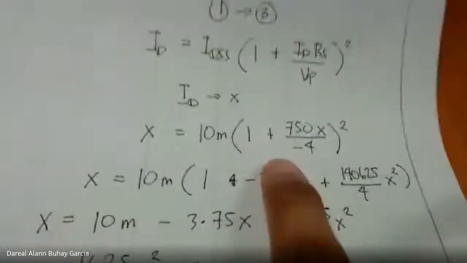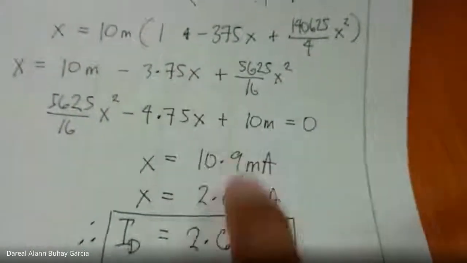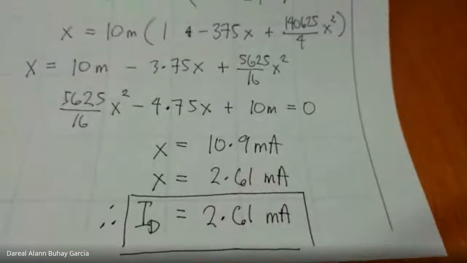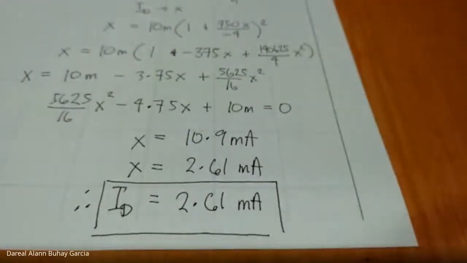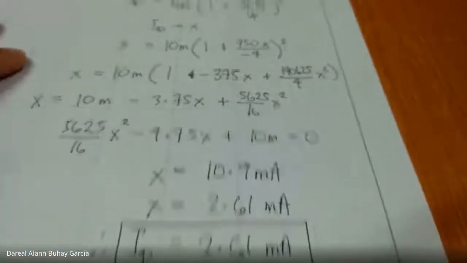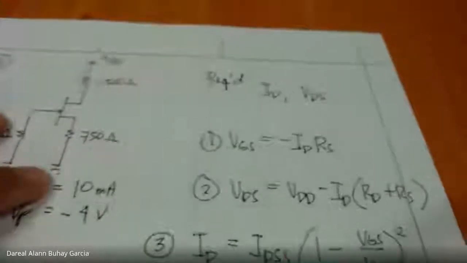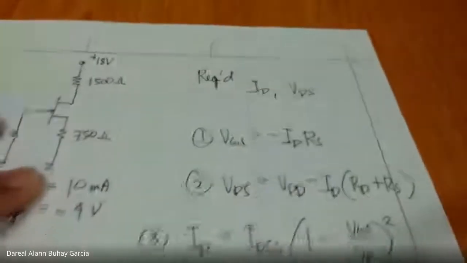2.61 milliamperes. That's why I would suggest nga i-expand gyud ninyo ang quadratic equation sa kanang part, kay wala man ta kabalo asa sa duha ang pwede magamit, no? So if ID is 2.61, i-substitute lang nato na siya dire para makuha si VGS.